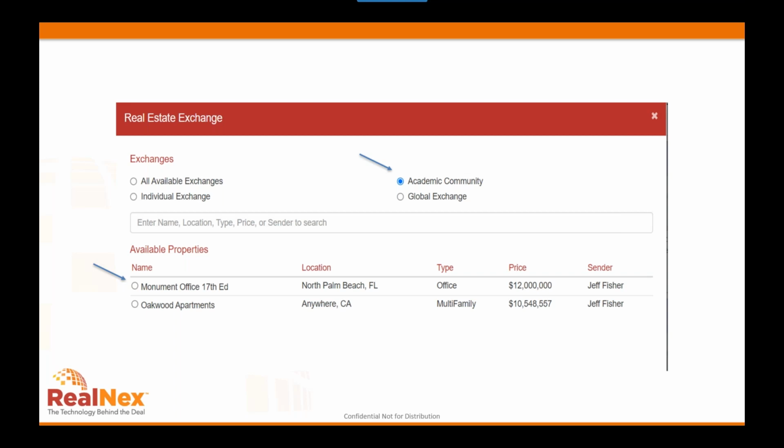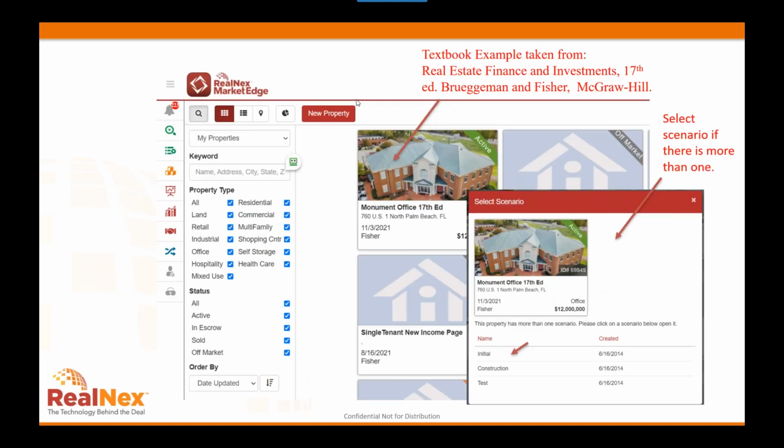Those are probably the two that have the most differences in terms of the way leases would typically be structured. So having an office example and an apartment example, I'm going to use the Monument Office as an example.